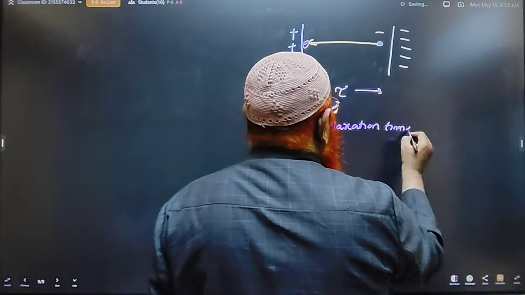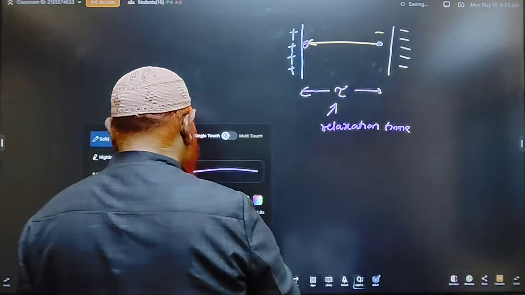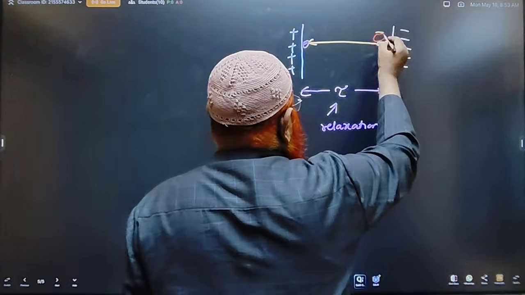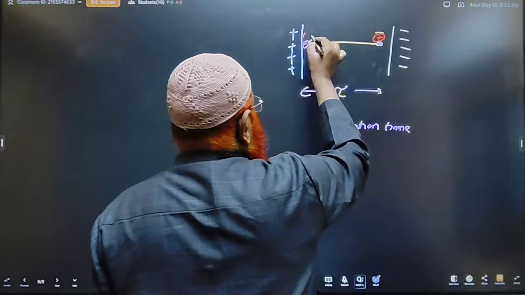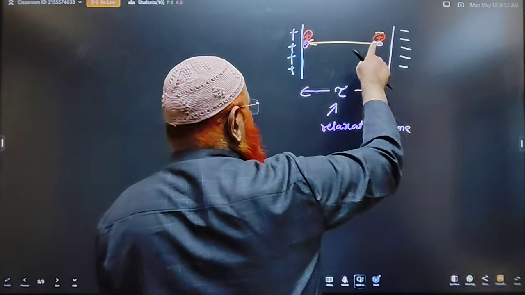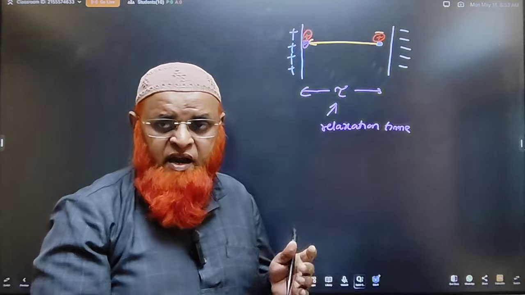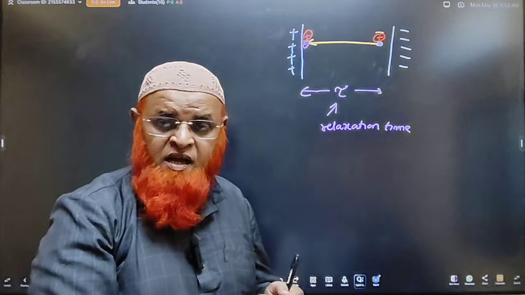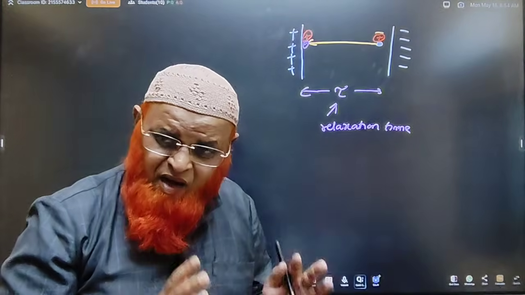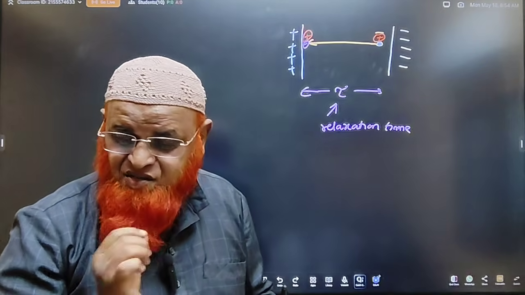What is the meaning of relaxation time? For example, it collided with the first ion, and next it is colliding with the next ion. After colliding with one ion, it has to start moving forward, but in between the way it will meet one more ion for collision. So in between two collisions, it has to relax for some time. That is called relaxation time.